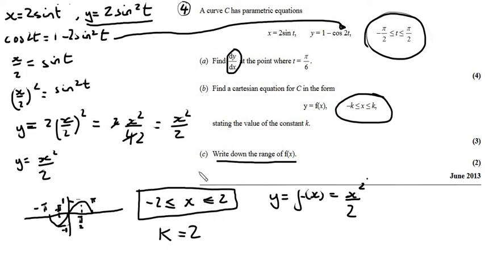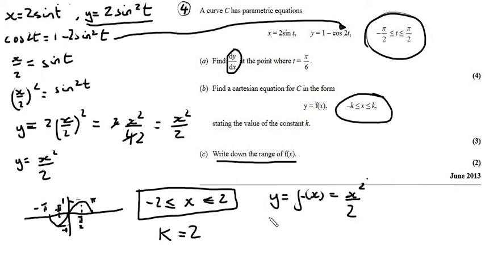So if we plug in negative 2 into here, we're going to get negative 2 squared, which is 4, over 2, which is positive 2. Similarly, if we plug in 2, we're going to get 2 squared over 2, which is also positive 2.